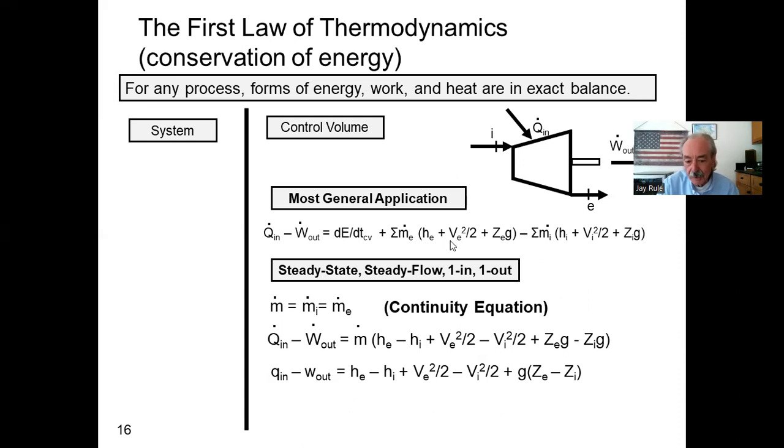Plus a couple other terms, the sum of the m dots leaving, H leaving, kinetic energy leaving, potential energy leaving, minus the sum of the m dot entering, enthalpy in, kinetic energy in, potential energy in. So that's the most general statement of the first law.